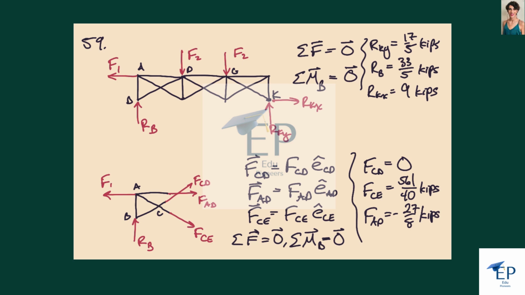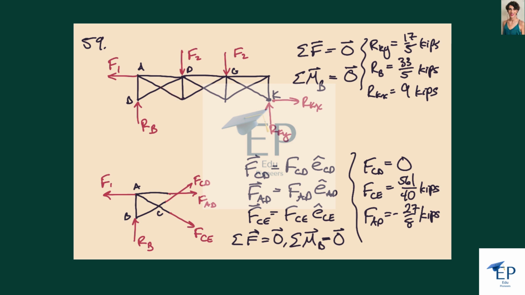And we can proceed as we were before and write all these force vectors mathematically in terms of a magnitude and a direction. So this is the unit vector from C to D, so a unit vector in that direction. A unit vector from A to D, which would be just a unit vector in the X direction, and a unit vector from C to E, which would be that.